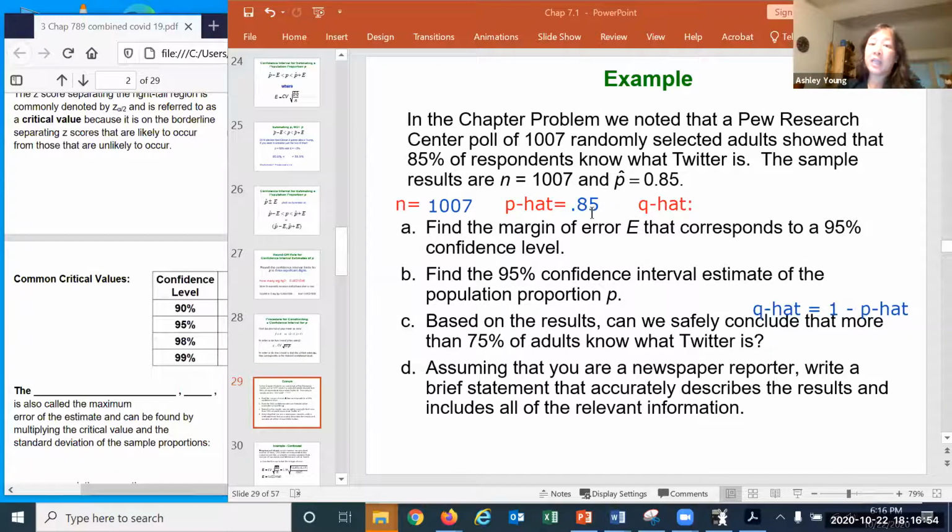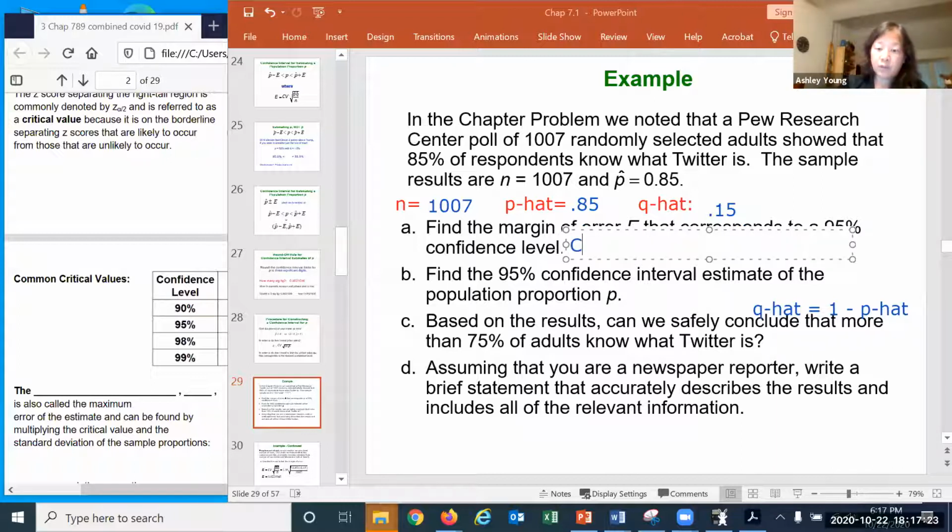If my p hat is 85%, my q hat is the rest of it, 0.15. It's the same as binomials, right? Our p's and q's add up to 1 or 100%. So my p hat's 85%, my q hat is 15%. All right, great. Now I need to find the margin of error that corresponds to a 95% confidence level.